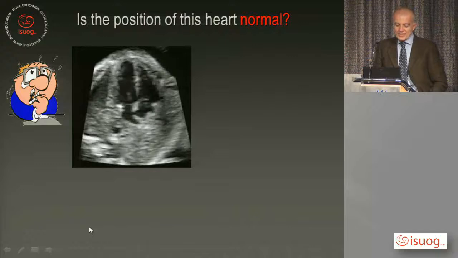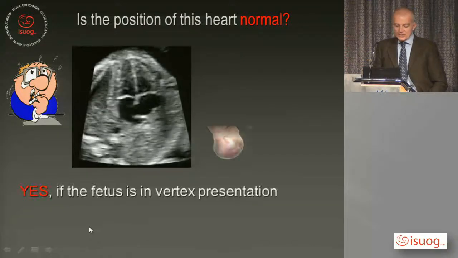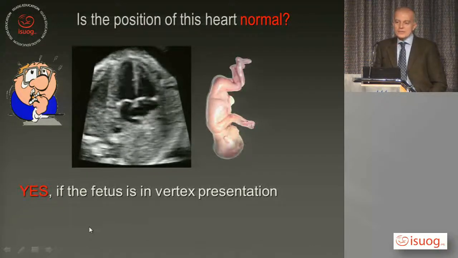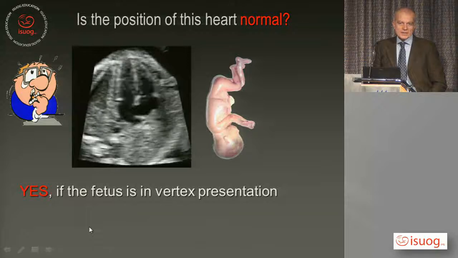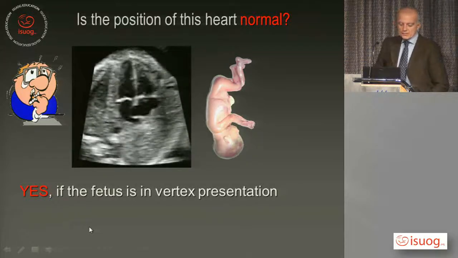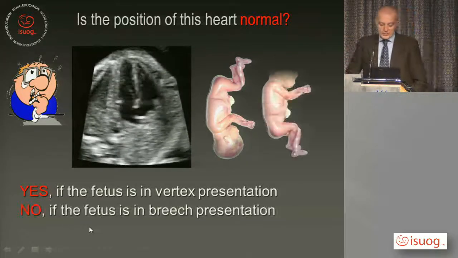Normal? You can't say, because I have to tell you whether it's a breech or whether it's a vertex, because otherwise you may have a situs inversus, so you are not able to find out.